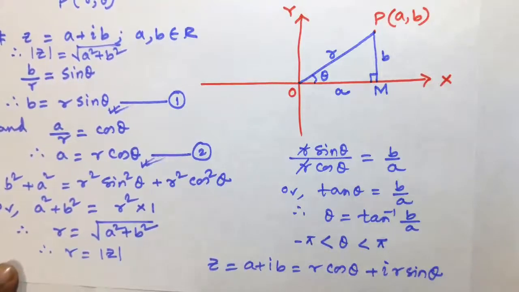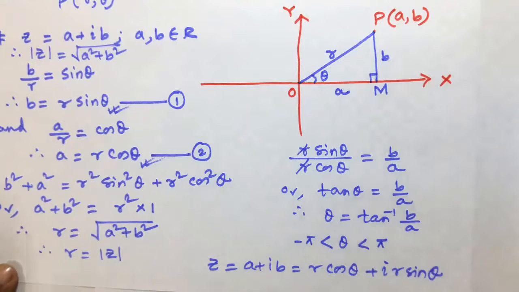This form is called the polar form or trigonometric form or modulus amplitude form of z. Here r is equal to root over of a square plus b square, is equal to modulus z, called the mod z, and theta is called the argument or amplitude of z.